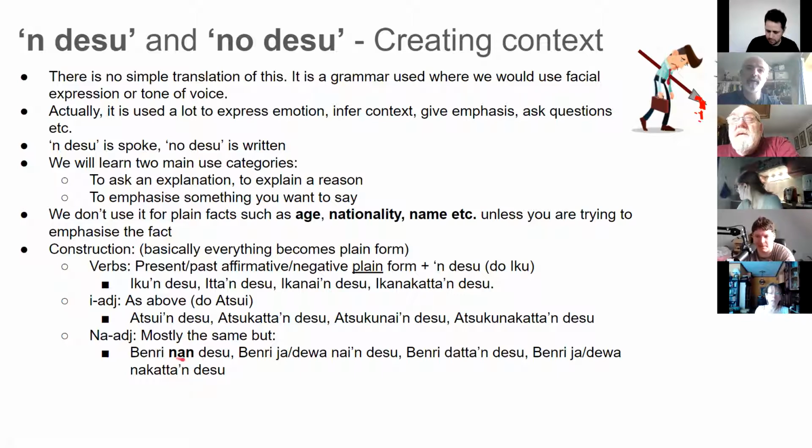So we use this form here. Genki da. Not da. Genkinandes. Yeah, genkinandes. So this is the only thing we have to be careful of for na adjectives, and we'll come on to this in a second, for nouns as well. Where we used to have da for the present affirmative, this becomes na, basically. Genkinandes, benrinandes, kantannandes.